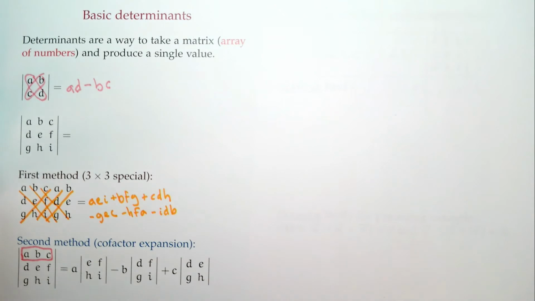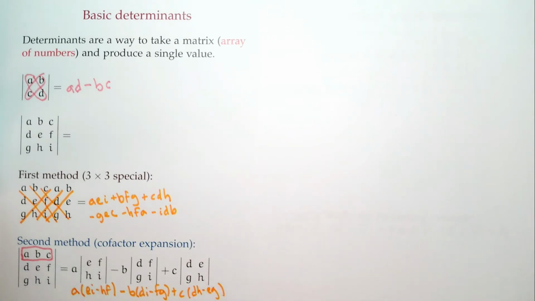Now, if you do the computation here, what do you get? This would be A times EI minus HF, and here I'd have minus B times DI minus FG, and C times DH minus EG.